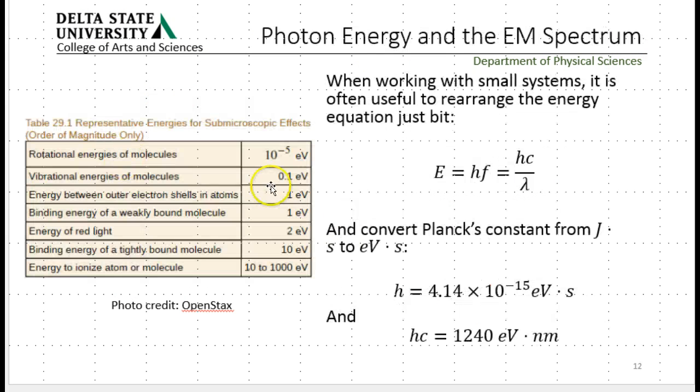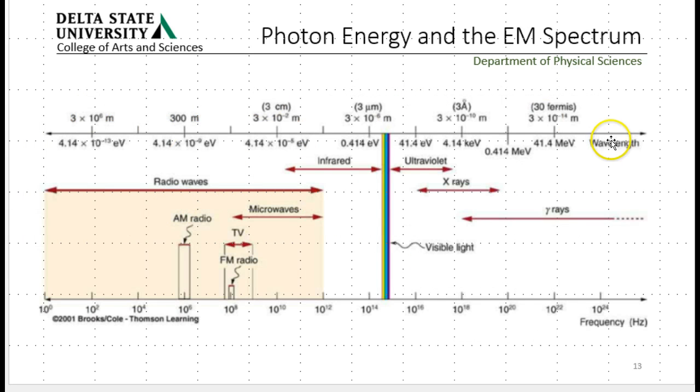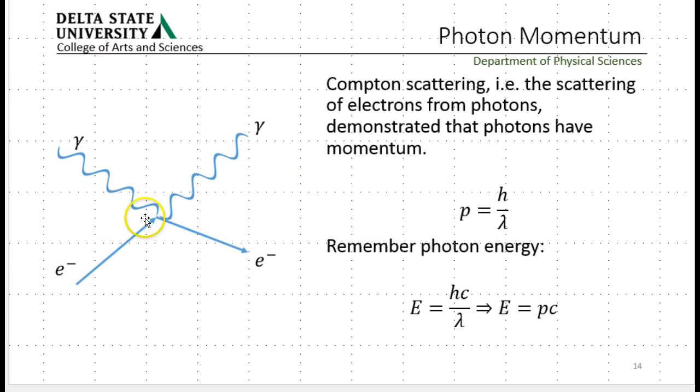That leads to us understanding them as individual packets of energy, leads to us thinking of the spectrum in terms of the energy of the photons, and leads to the discovery that these things actually have momentum and can interact with electrons and protons and neutrons for that matter, but not as well. So they can interact in such a way that we can measure the momentum of the photon. And when we measure it, we get p equals h over lambda. All right, I think that's enough for part 2, and we'll finish up in part 3.